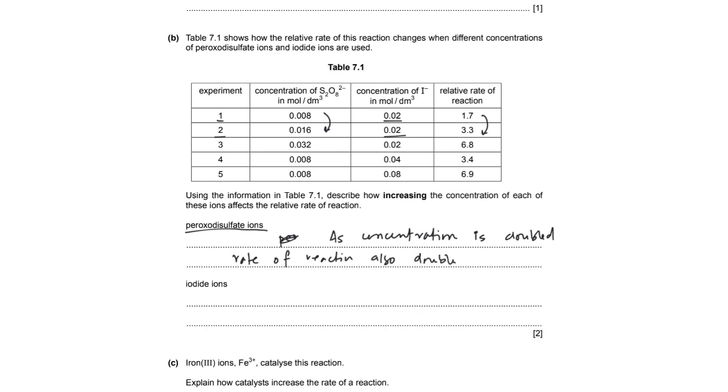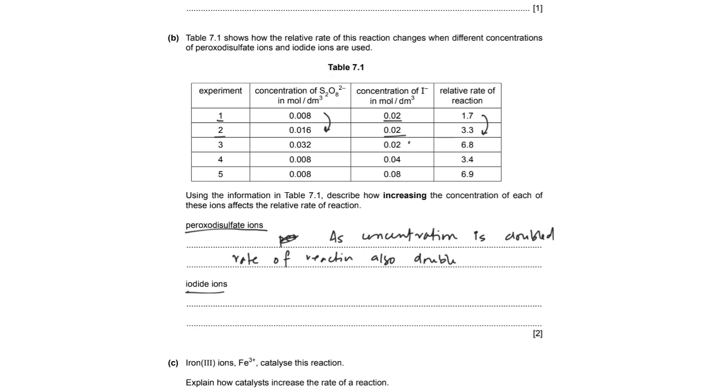Okay, next we have to check the impact of the concentration of iodide ions on the rate. If I look at experiments 3 and 4, iodide ions are changing their concentration, but peroxodisulfate ions are also changing their concentration. So you cannot use these two experiments because you won't know which impact is because of iodide ions and which is because of peroxodisulfate ions.